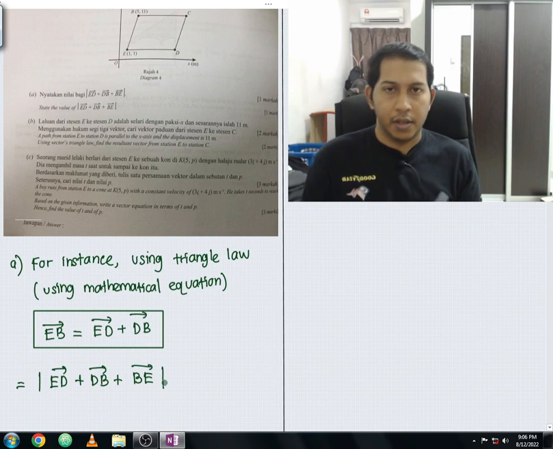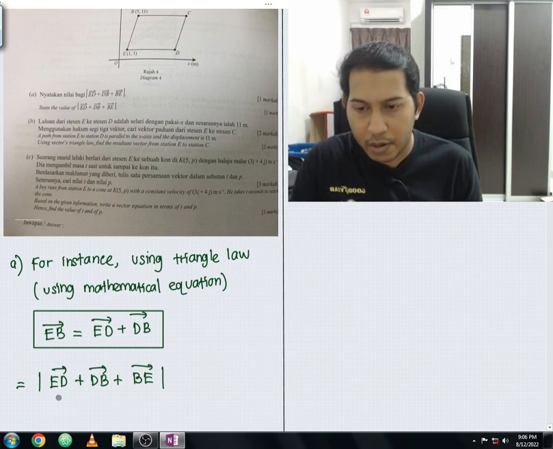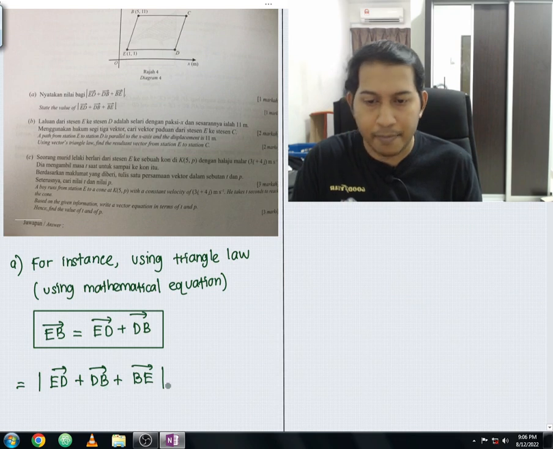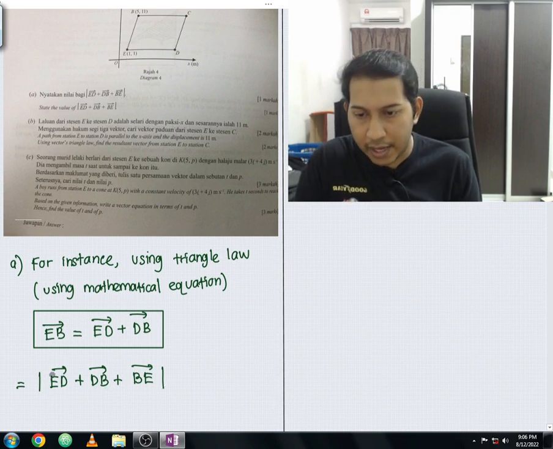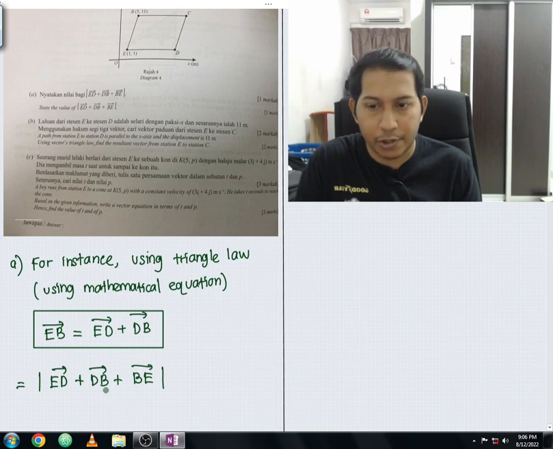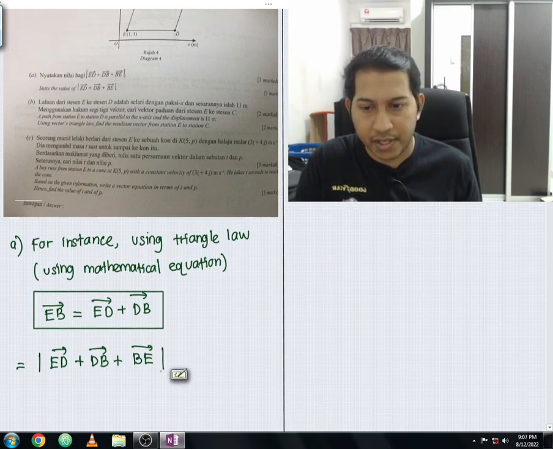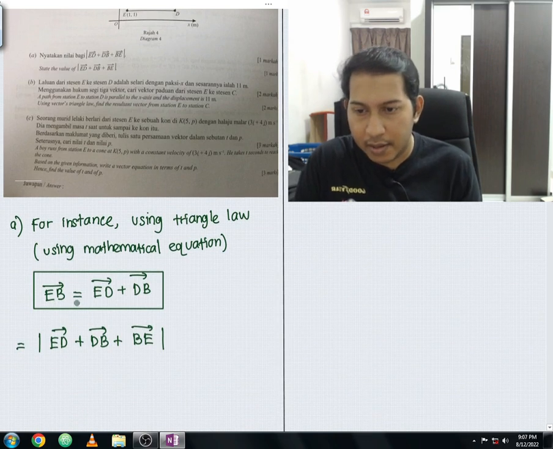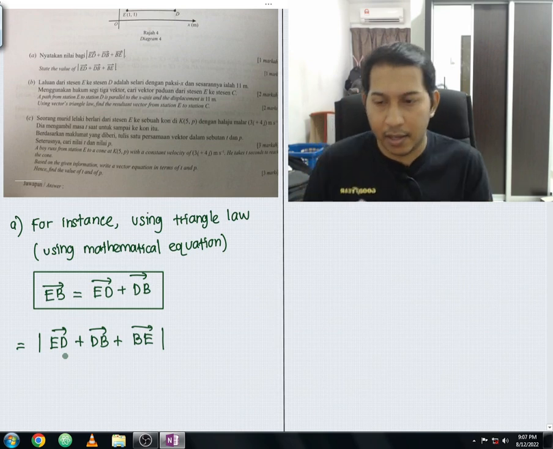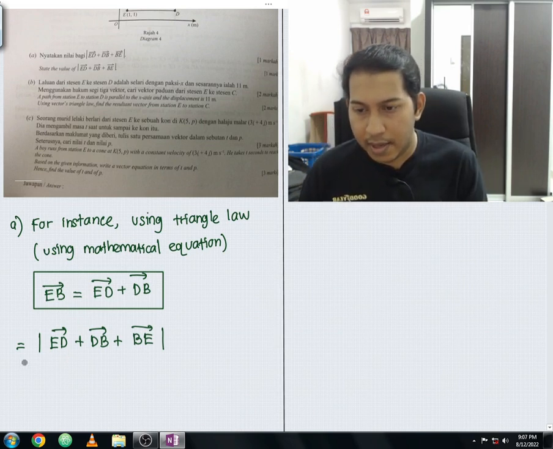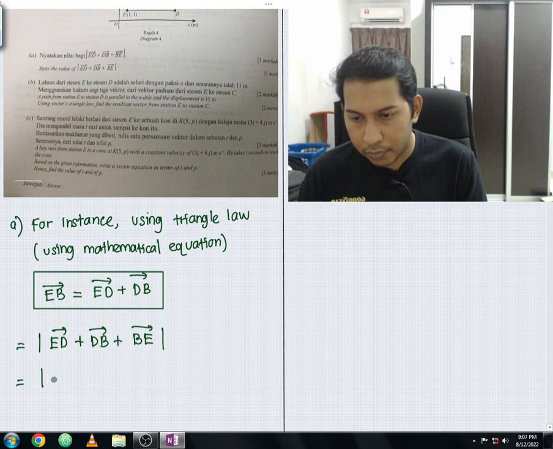Take note of this statement, guys. Vector ED and vector DB we can substitute with vector EB itself, since vector EB is equal to vector ED plus DB, exactly the same expression. So we get vector EB plus vector BE.